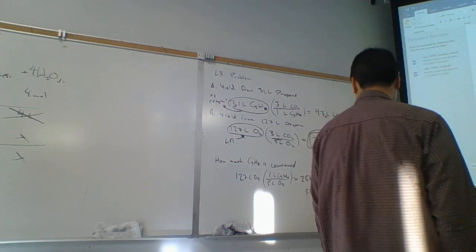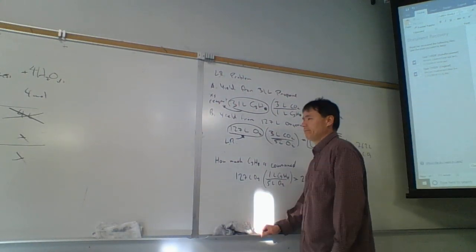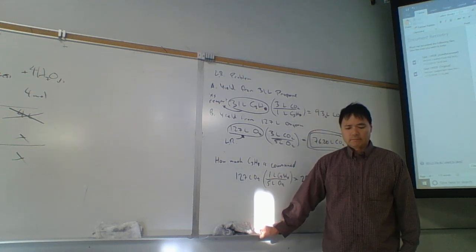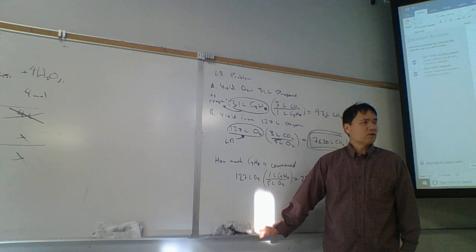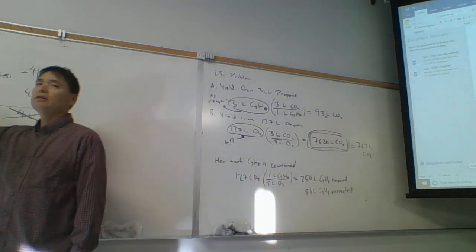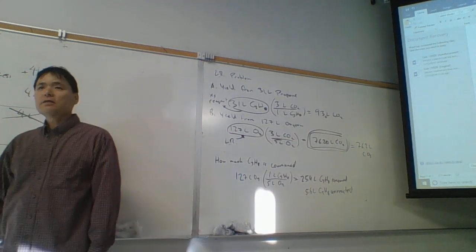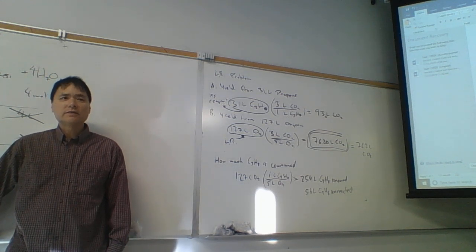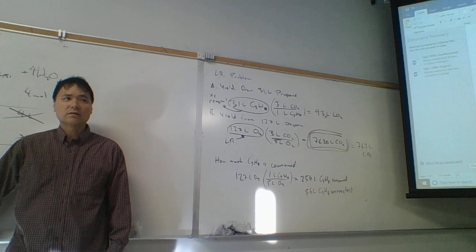Does it matter what type of gas you use with water? Does it matter what type of gas we use for oxygen? Yeah. Oxygen can come from many different sources. The most common source of oxygen is air.